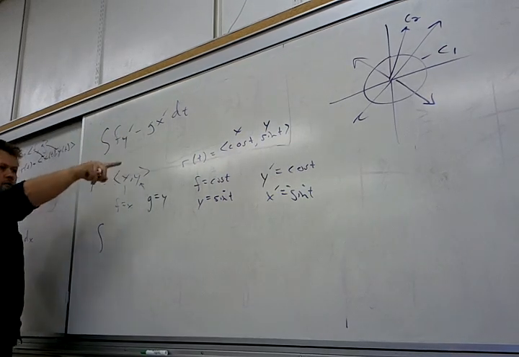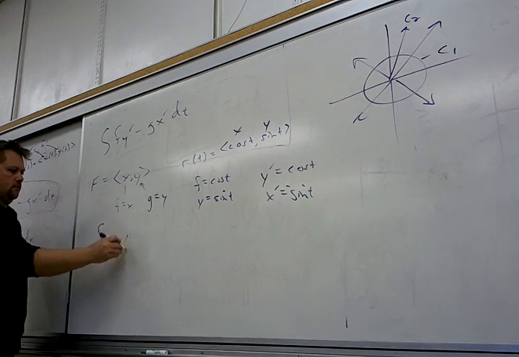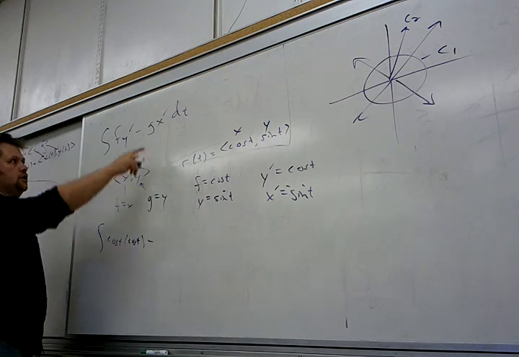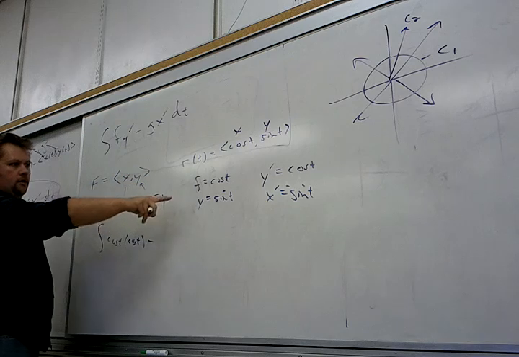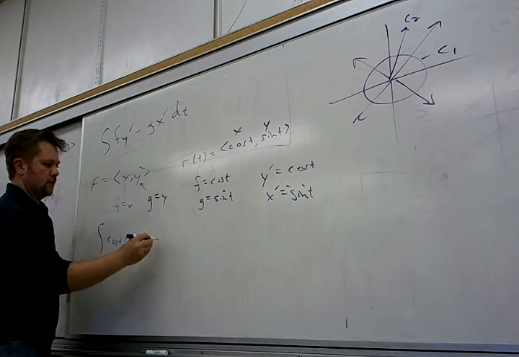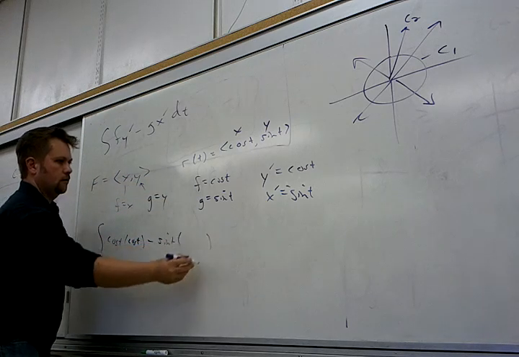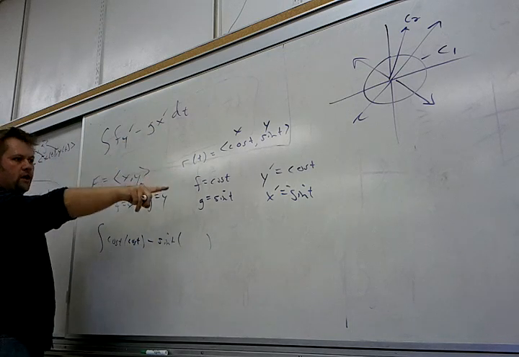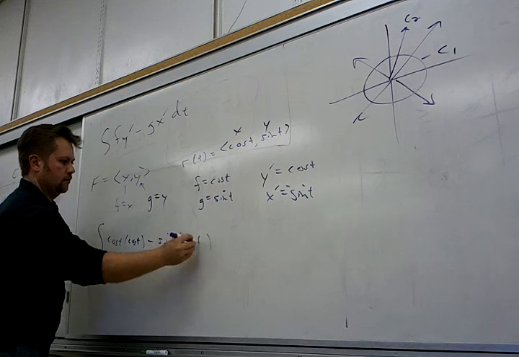So f times y prime, f is cosine, y prime is cosine. G is sine. And x prime is negative sine.